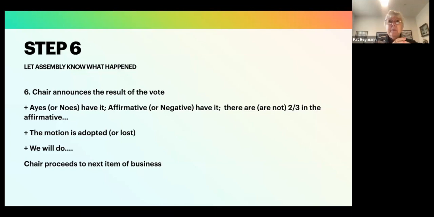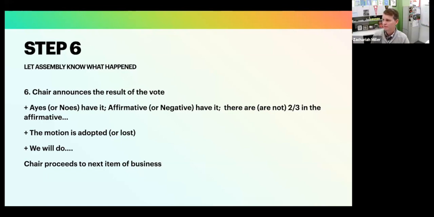It's called previous question, and it is a motion that requires a second and a 2/3 vote to stop debate. So, but you can do that.